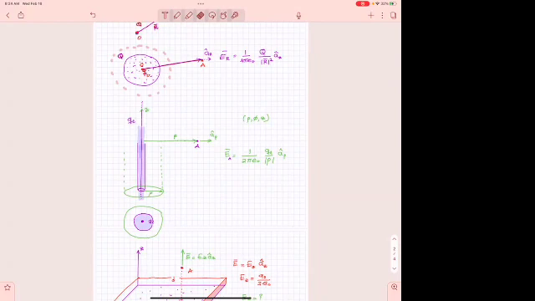What is the direction? How does the field vary with distance R from the sphere?